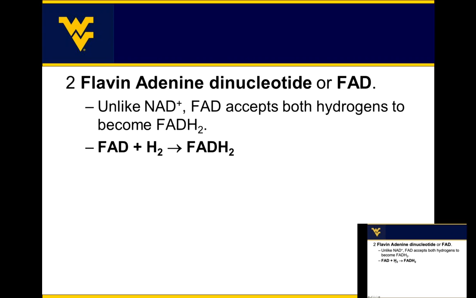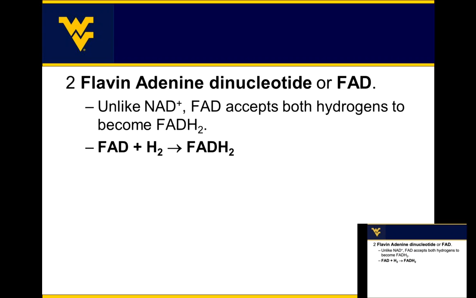Now, I know this gets really into the weeds and sometimes students' heads start spinning. Keep it simple, guys. This is just taking the food you eat, and through a series of enzymatic reactions, you are cleaving it from one substrate to the next substrate to the next substrate, and in the process, little things are happening.